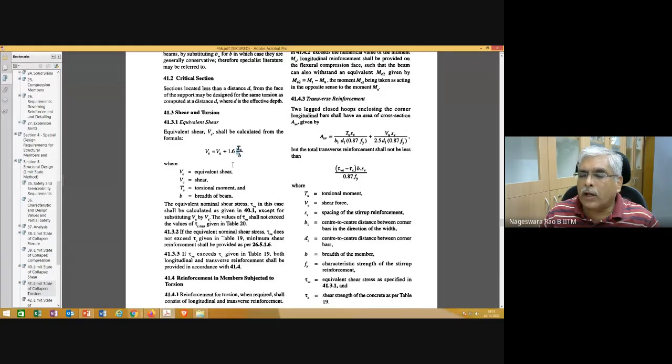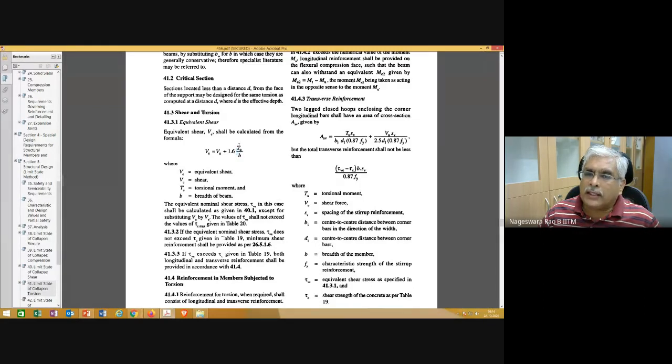But when you are actually designing, you are going to design the entire member or the entire structure in which this flexural member is going to be part of it. So at that time you need to look at it in the overall sense. You cannot isolate simply designing for flexure and then for shear and then for torsion. It's not like that. You need to combine all these things. That you need to keep in mind.